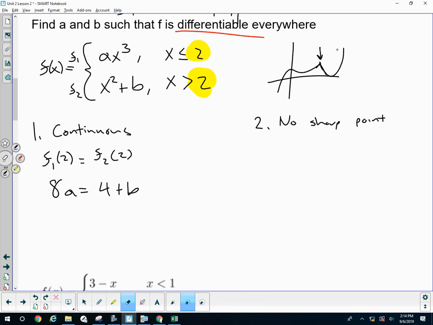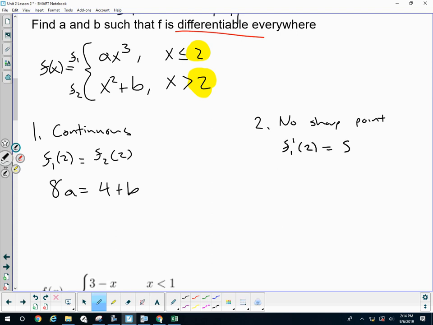We have to manipulate these functions so that they meet up in such a way so that it's nice and smooth. So maybe it's something like that. I don't know. But that's the key. Now, to make sure that there's no sharp point, we need to make sure the slopes at 2 will approach the same value. So the y's need to meet and the slopes need to meet up.